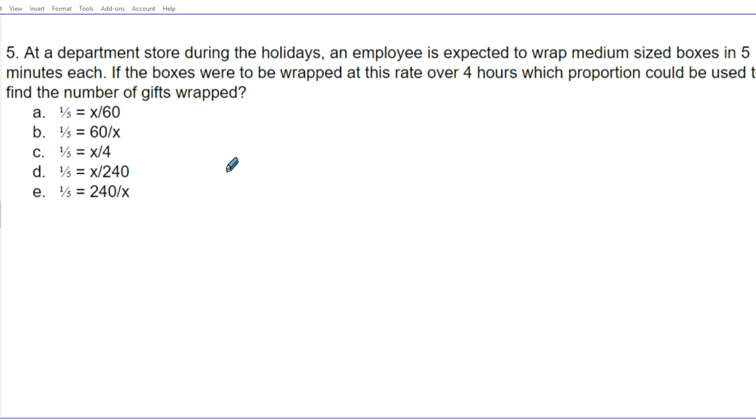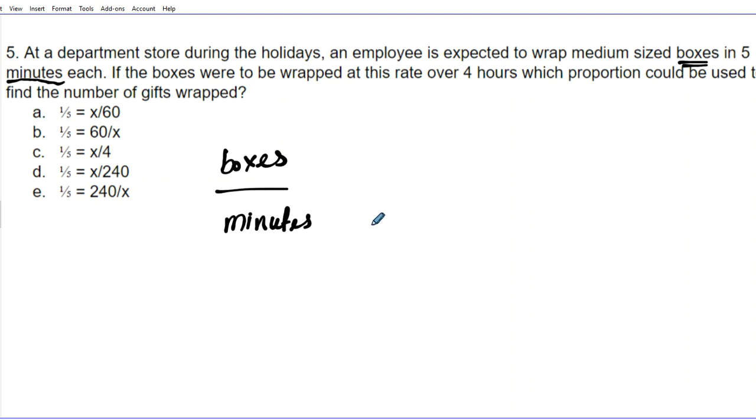So we're looking at boxes per minute. Okay, so boxes is the first measure that we're dealing with. And then per minute, that's the time value. Okay, how do we know it's minutes? Because we're given the rate in minutes.